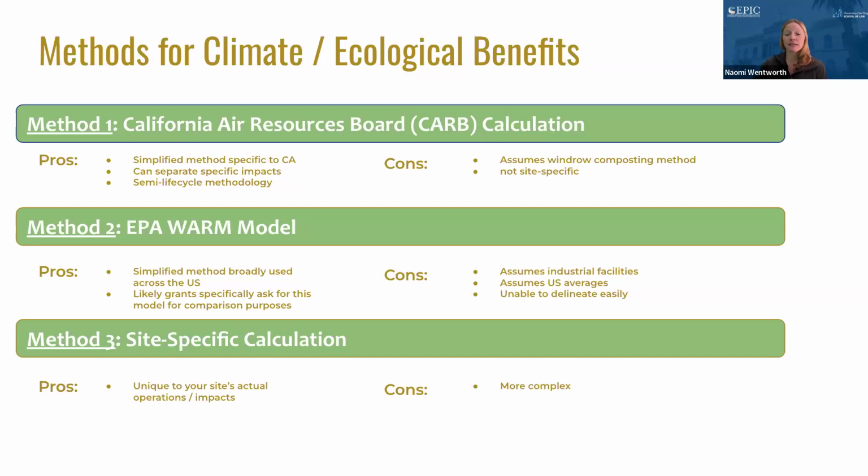You can separate some of the impacts, like reduction of greenhouse gases from not going to landfill versus the benefit of applying compost to specifically soil erosion. And we're looking at a semi-life cycle methodology. So that means we're looking at transporting the organic material to the different landfill or composting centers, all the way to the end use, the application of compost on land.